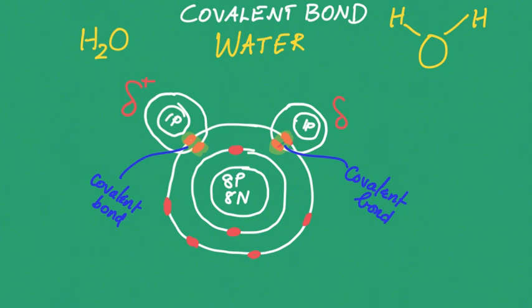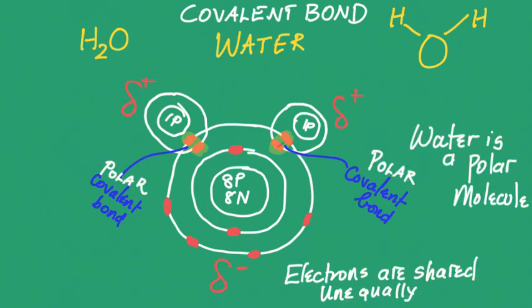So that little sign that you see there is partial positive charge and partial negative charge. So that's why we say that water is a polar molecule, because it has a positive end and a negative end, and the electrons are shared unequally. And this type of bond is called a polar covalent bond because electrons are shared unequally.